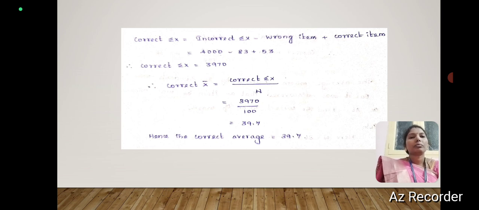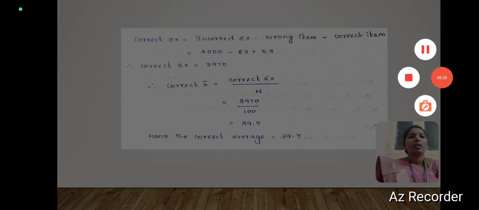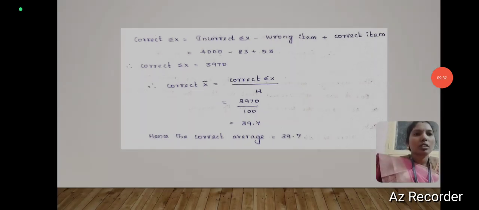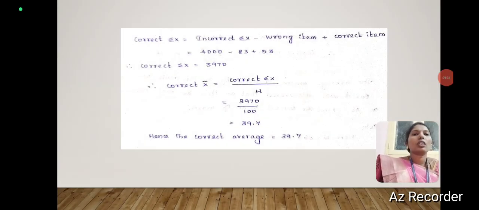Formula is: incorrect summation x minus wrong item plus correct item. So incorrect summation x value is 4000, wrong item is 83, and correct item is 53. So subtracting the wrong item and adding the correct item, we get the correct summation x equal to 3970.